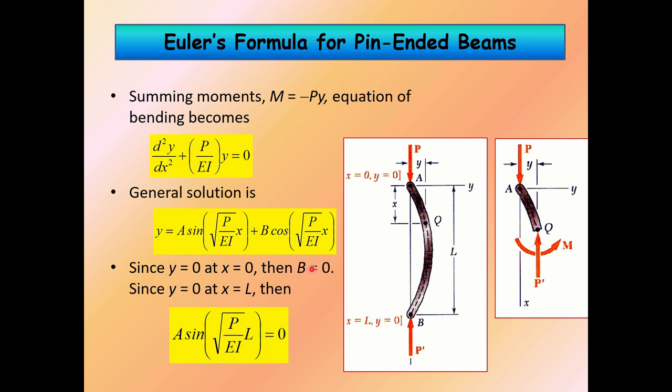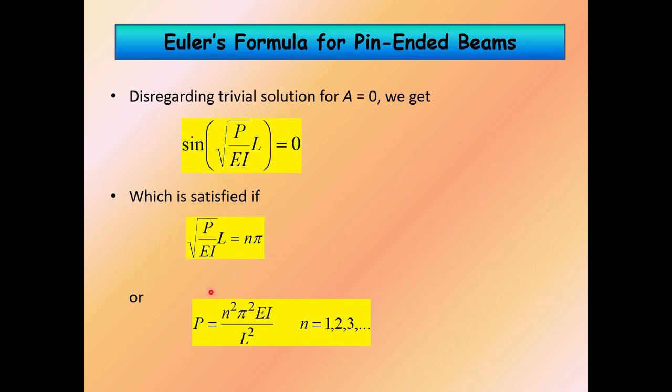Using the boundary condition at A, the constant B becomes 0. For the bending moment at point B, A sin of square root of P over EI times L becomes 0. Disregarding the trivial solution A equal to 0, we get sin of square root of P over EI times L equal to 0, which is satisfied by square root of P over EI times L equal to n pi.